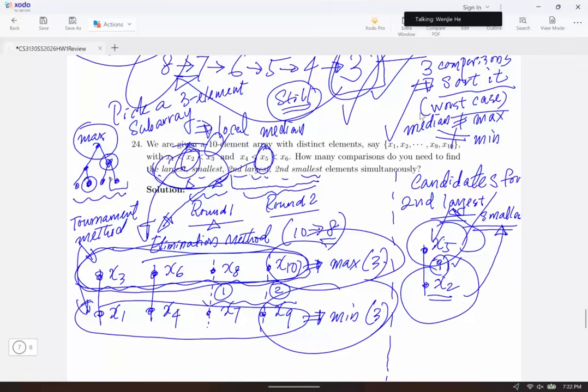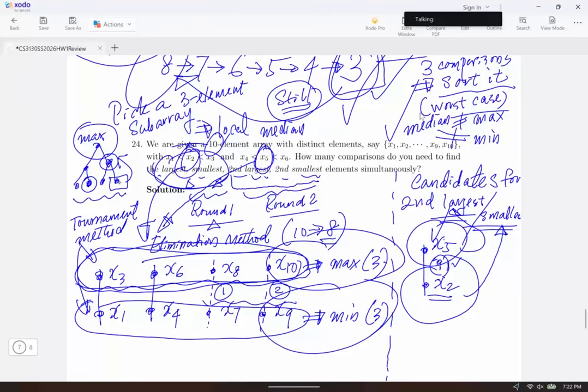For the indirect losers, they are not qualified to be candidates. Only the two direct losers are qualified, because an indirect loser lost to an element that was beaten by the max. So it's too far away from the second largest; there is still a distance between this loser and the second largest.